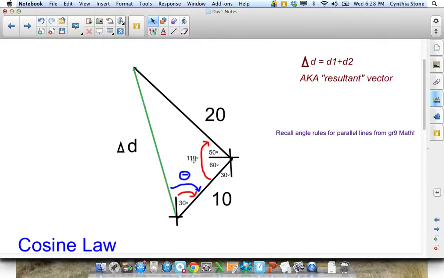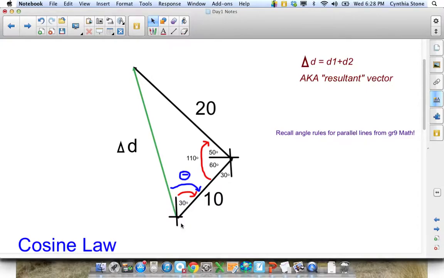Other things that I know, of course, is the magnitude of this side of the triangle and the magnitude of this side of the triangle. That's enough to use cosine law. What I want to do then is find this magnitude, and I want to find this measure here. And once I know this angle measure, the whole angle, then I can say how many degrees west of north or whatever my final resultant vector is.